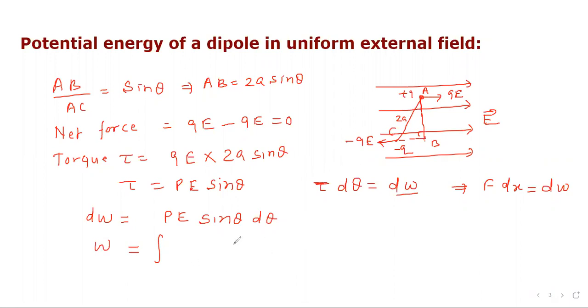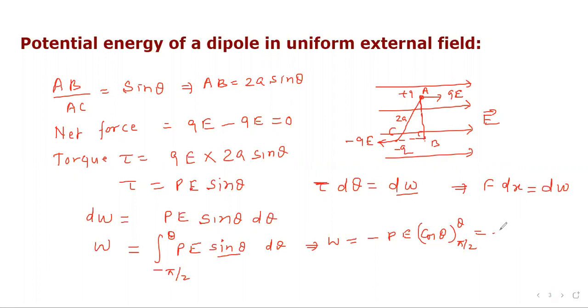So as I told you, we assume that the dipole is at 90° and now we have to rotate it through angle theta. So W equals the integral of PE sine theta d theta. Integration of sine theta gives minus cos theta. So we will get W equal to minus PE cos theta with limits pi by 2 to theta.